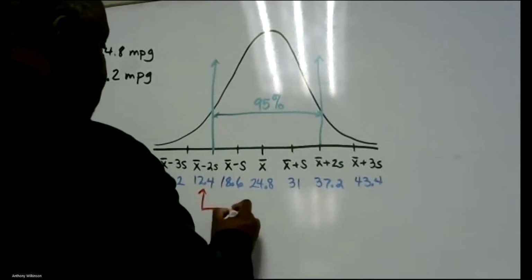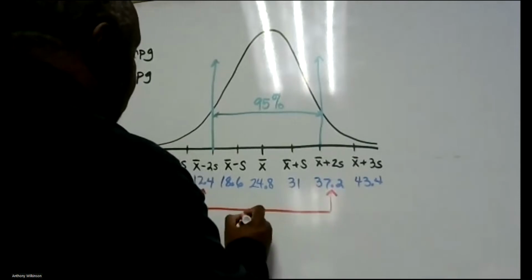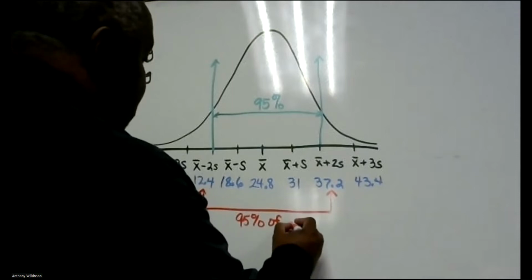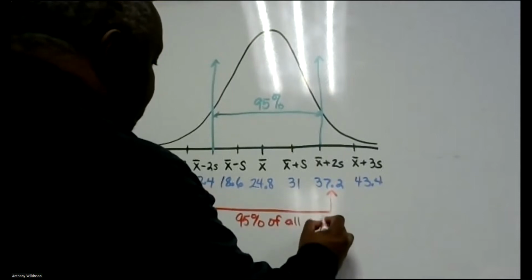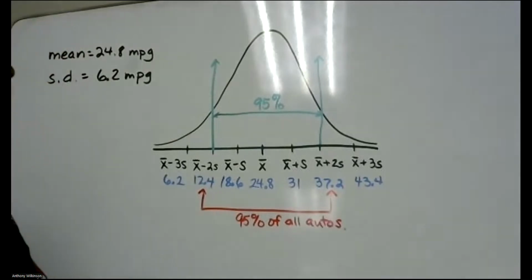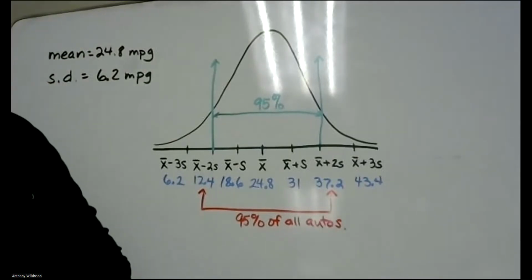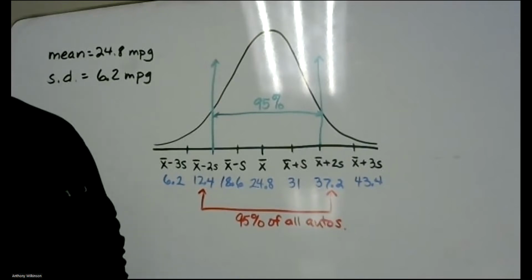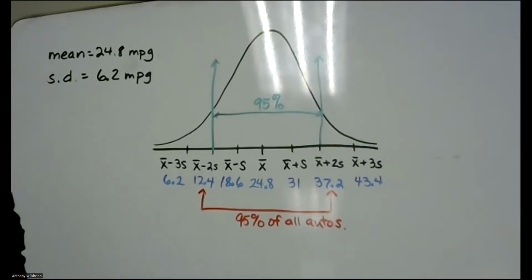So these two represent 95% of, let's say, all automobiles. I'll say for all autos. Any questions on example 11 and how that was done?